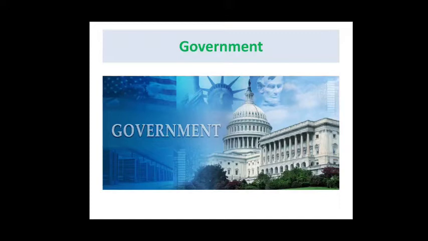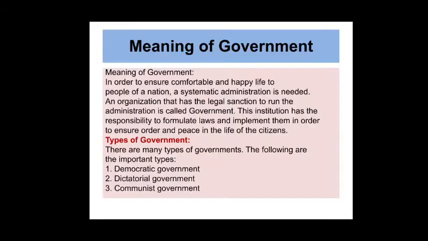Now, the who's who of the Indian government and a range of such vital information that may help you in our daily life. Our country India, which type of government is there? In our country and other countries, which type of government do they follow? We can study that in this lesson.